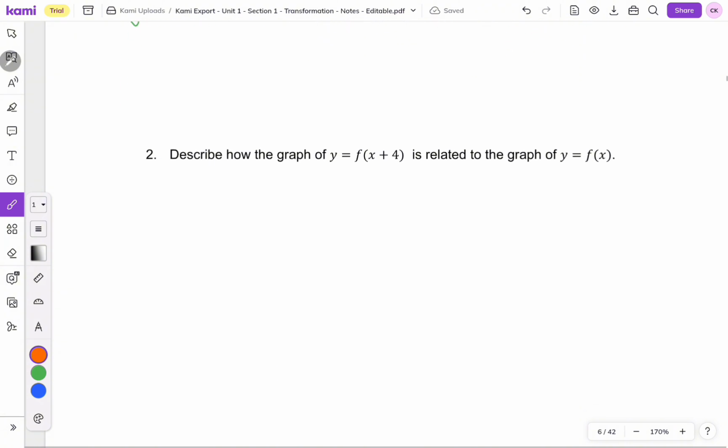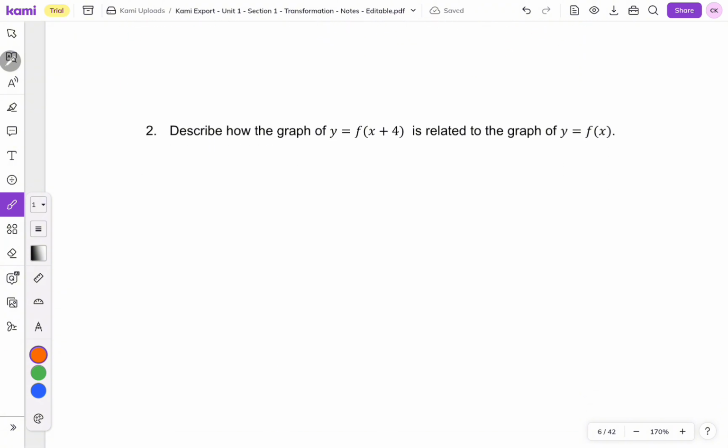Okay. So describe how the graph of y equals f of x plus 4 is related to the original parent function. Well, you can see here, I'm adding 4. The only way I could have made this look like I'm adding 4 is if my original would have said a negative.